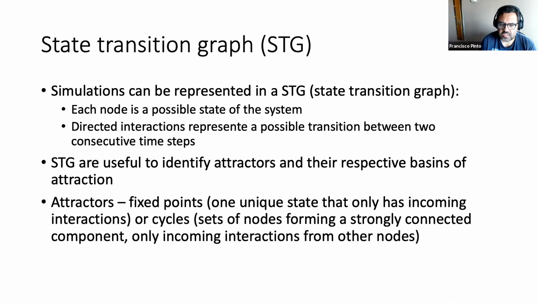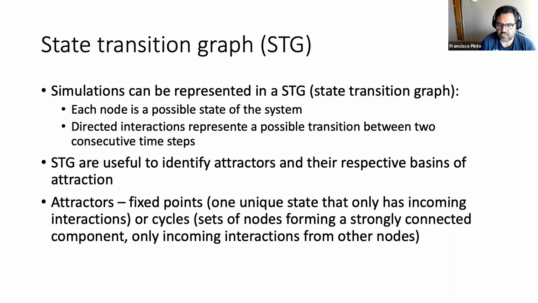Each node is identified by the values of every variable in the system. And directed interactions between two nodes in this state transition graph represent a possible transition between two states in two consecutive time steps. So if you find a path along the state transition graph, it's actually a possible trajectory of the system.